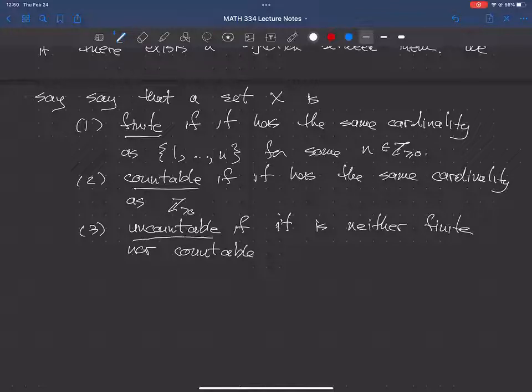Okay, and so for example, let's give some examples which sort of fit into these classes, just to kind of give us some understanding of this. And so these are things you have to prove.